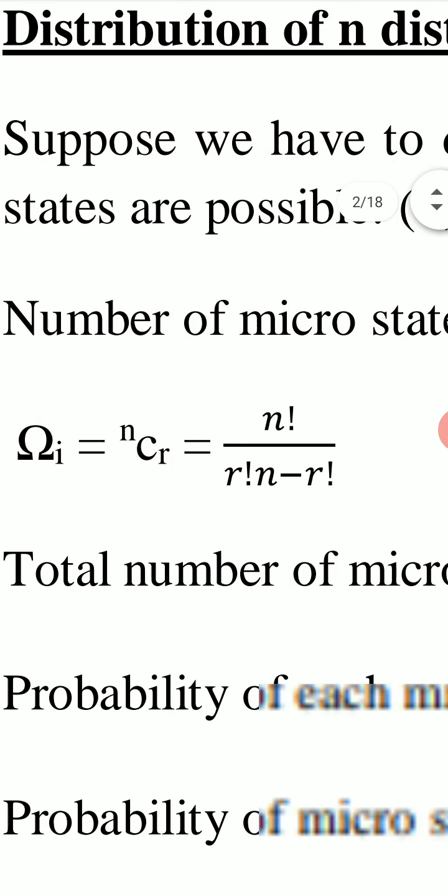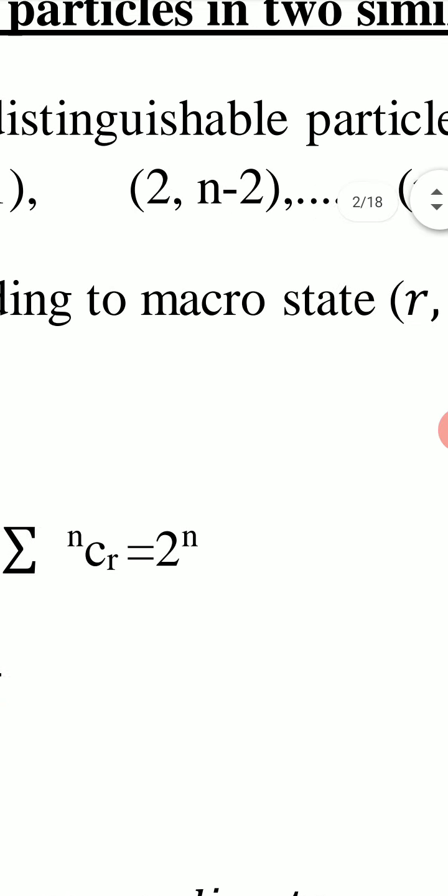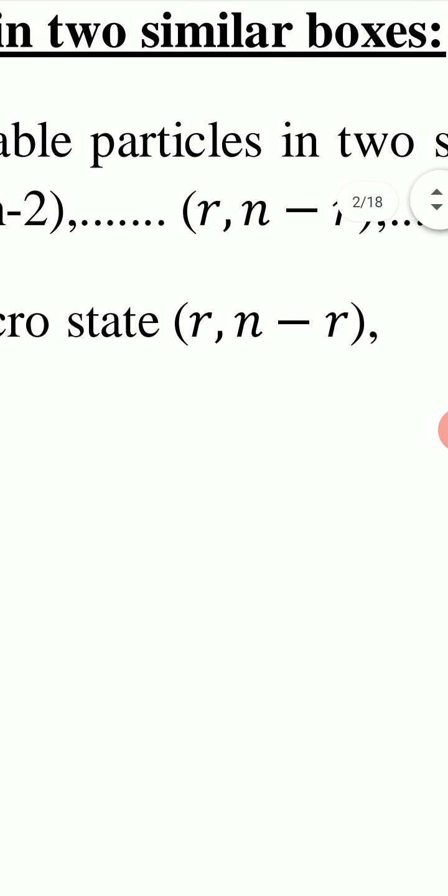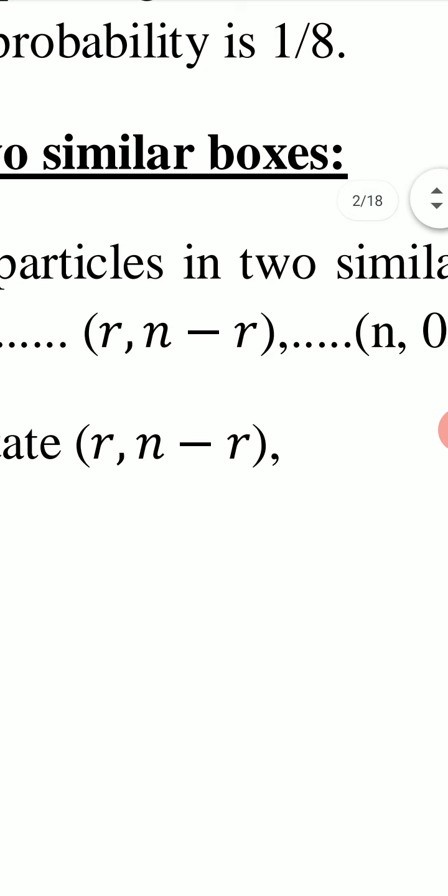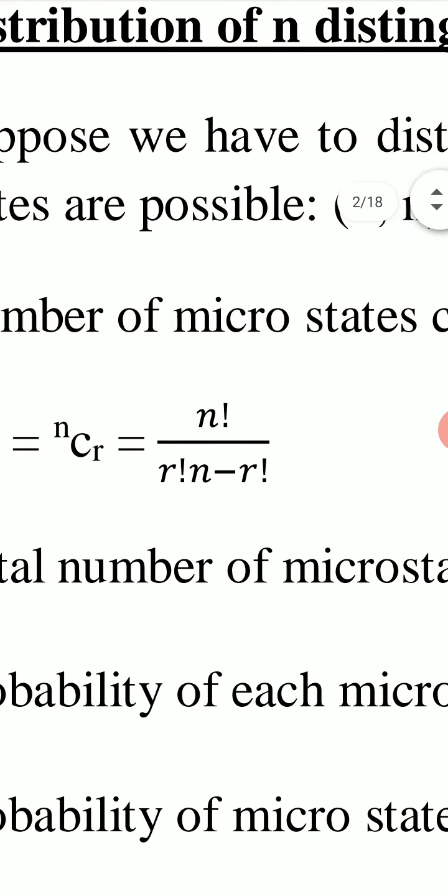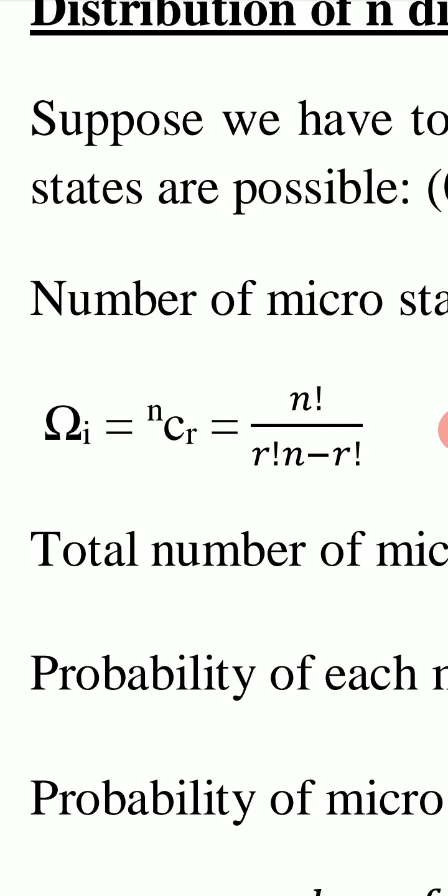Now, the number of microstates corresponding to macrostate (r, n minus r). If we consider this macrostate, in the first box we have r particles, in the second box we have n minus r particles. Then the number of microstates corresponding to this macrostate is given by NCR.